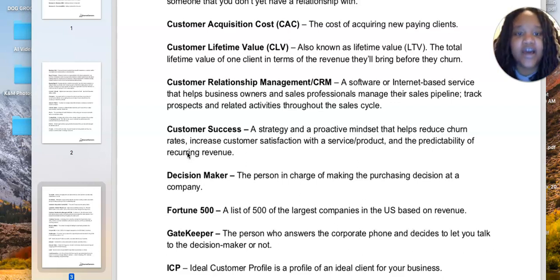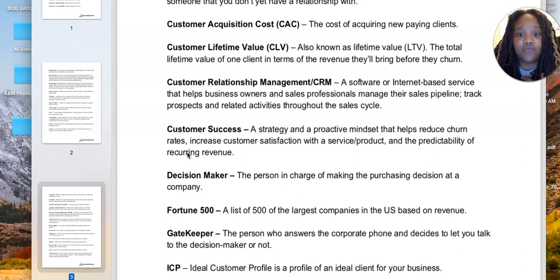Okay, next we have customer success, which is pretty much a strategy or a proactive mindset that helps reduce churn rates and increase customer satisfaction with a product or service that is predictable of recurring revenue. So this can be a role or just a strategy that they use.